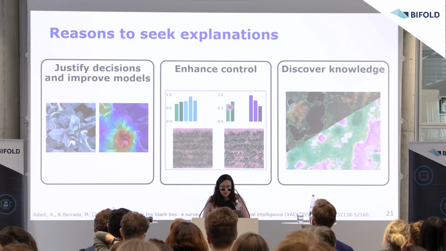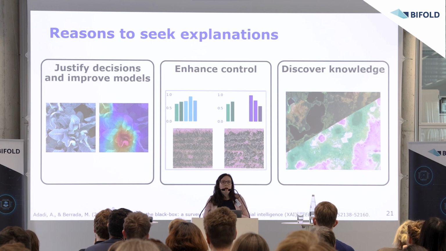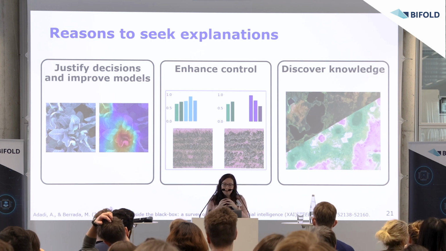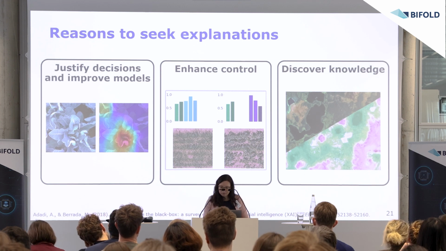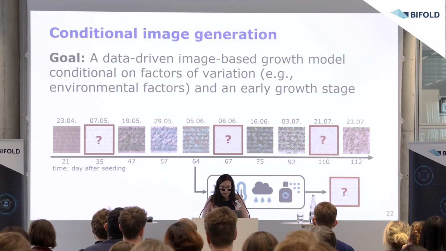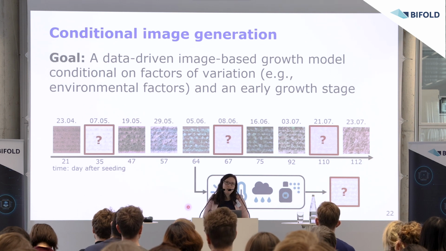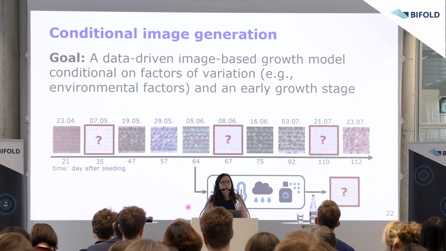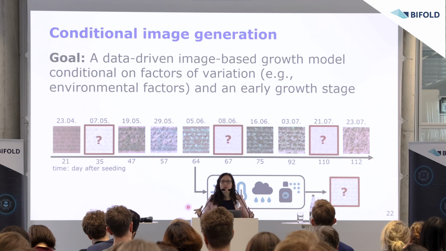Right. So in the second part, I want to briefly show you how we can use interpretability and interpretation for generative modeling. So what is the advantage? In agriculture, it is when you know how a plant will develop in the future, or more generally, how a plant will look at a specific point in time, and in the best case, based on factors of variation.